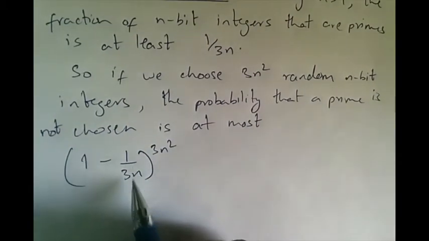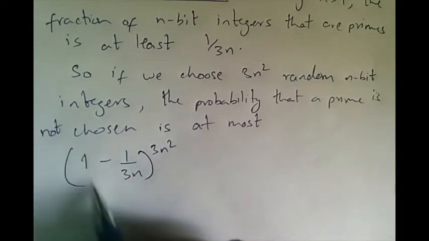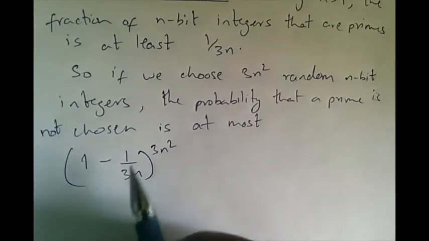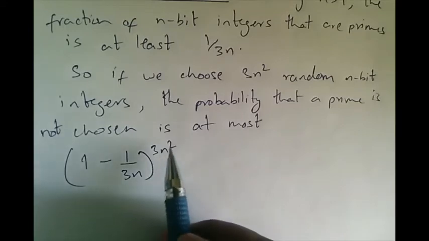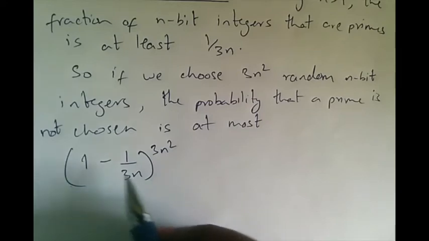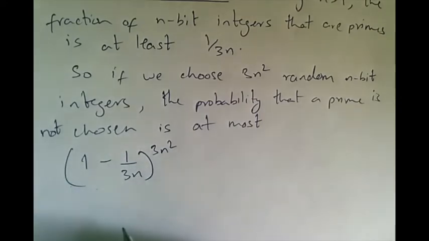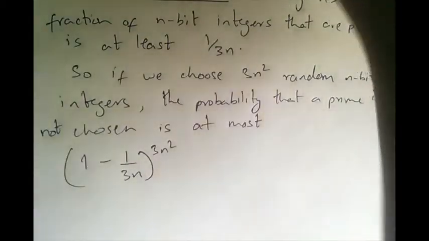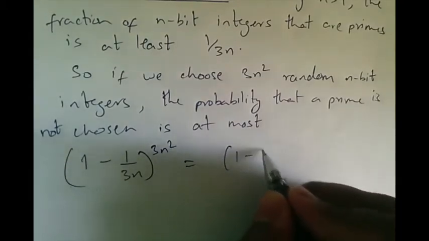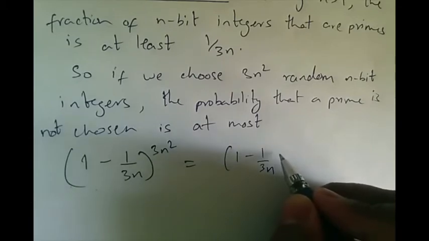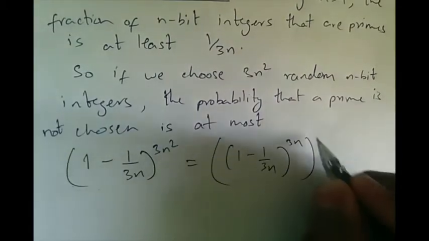At least 1 over 3n of the n-bit integers are prime. So the probability that one choice is not a prime is 1 minus 1 by 3n. And if you're choosing them independently of each other, then you have this probability here. This I can write as (1 minus 1 by 3n) raised to 3n, whole raised to n.